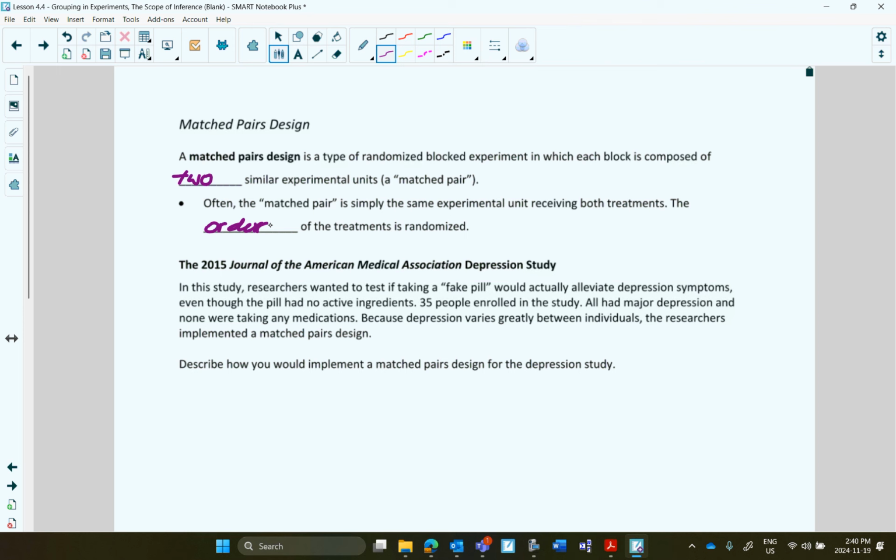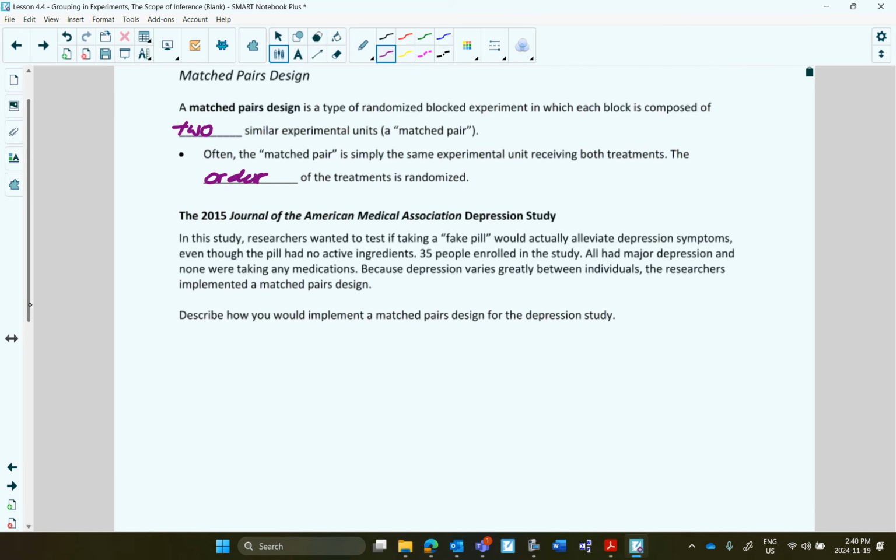So each one of you is being compared against yourself. Those are two types of matched pairs. To recognize matched pairs, just look for the phrase pairing off. Blocks are bigger. Pairs are obviously smaller.